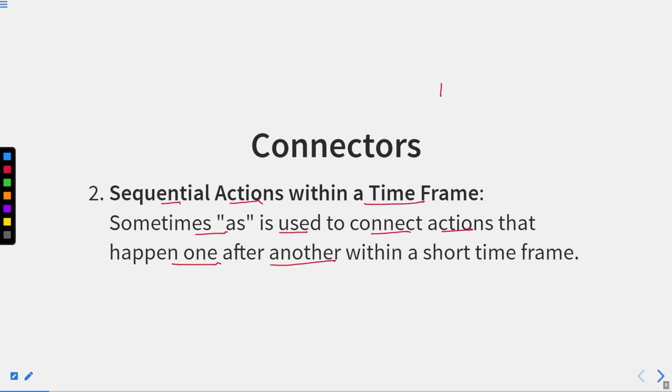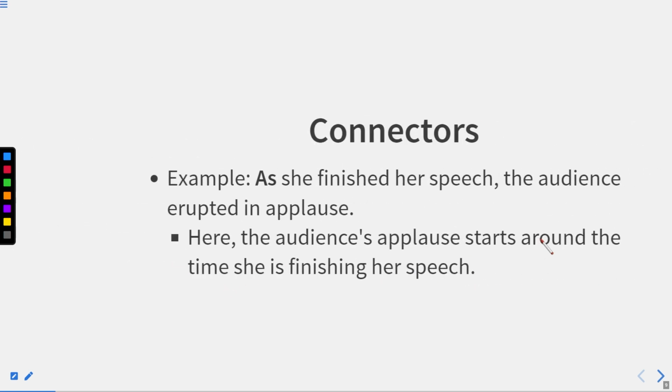It means work A, when A is done, then B began, then C began. So this is actually the sequence of work that is one after the other. Okay, so this sequence can also be shown with the connector as. These two types of actions, occurring one after the other or sequentially, we can use as, within a short time frame.